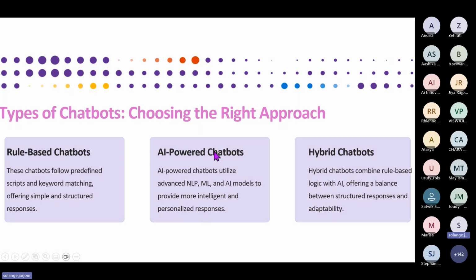A great example of an AI-powered chatbot is ChatGPT. Everyone now goes to ChatGPT to have a conversation and ask questions. For example, give me a problem under this category, give me research, how many persons are affected by this problem, and so on. So this is called an AI-powered chatbot.